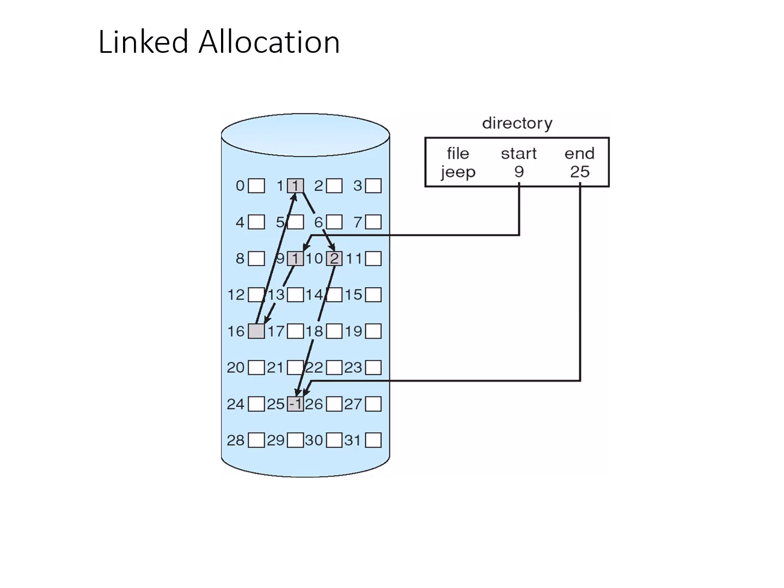The problem with this method is you have to follow the chain because you cannot jump to the middle of the file directly. If a pointer breaks, part of the file may get lost. So, linked allocation is flexible and space saving, but it is not the best for quick access.